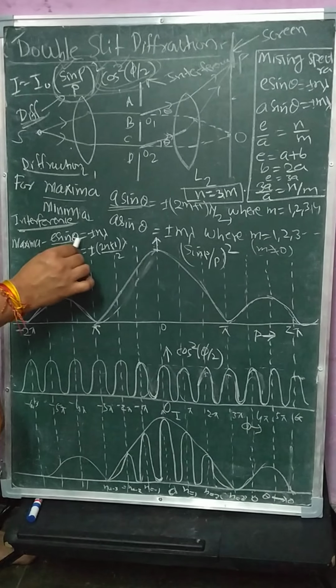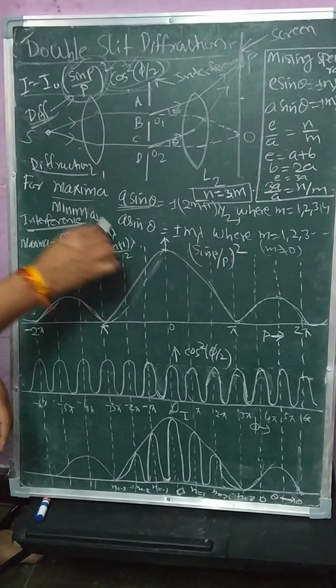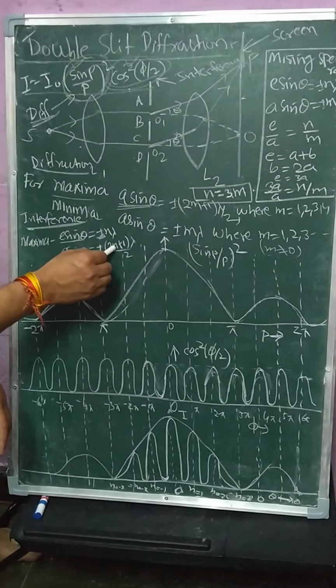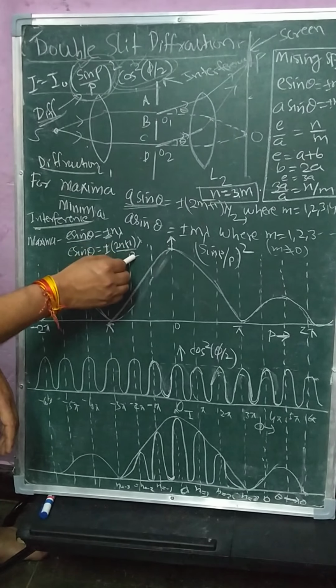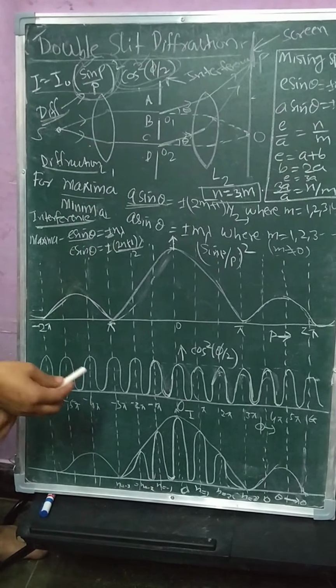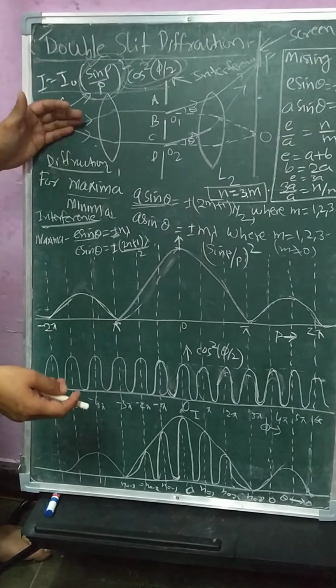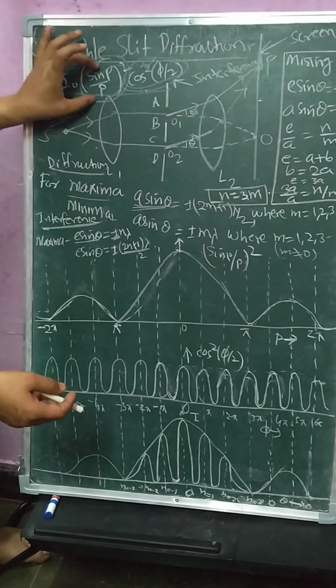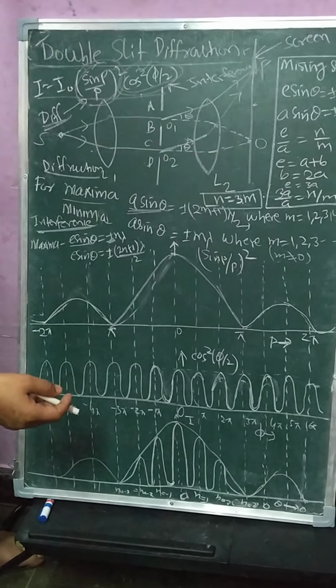So maxima is e sin theta equal to plus minus n lambda, and minima e sin theta equal to plus minus (n plus 1 by 2) into lambda, where n equal to 1, 2, 3, 4, 5. These are the conditions for maxima and minima in both cases, diffraction and interference, because this step is diffraction and this is interference.